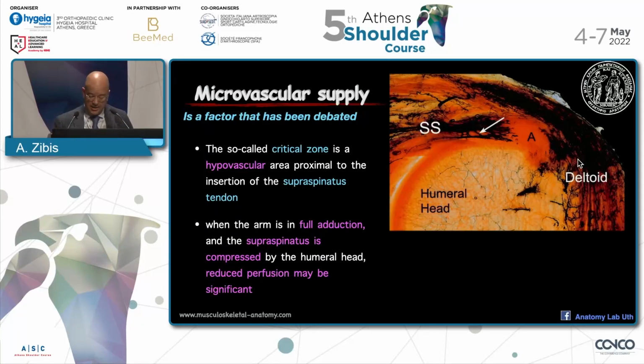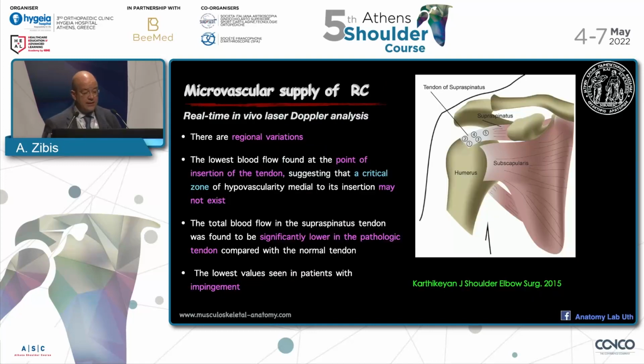Reduced perfusion may be significant. In a recent study, they performed real-time in vivo laser Doppler analysis, and they found the lowest blood flow at the point of the footprint, not 1 centimeter or 1.5 distal from the footprint.